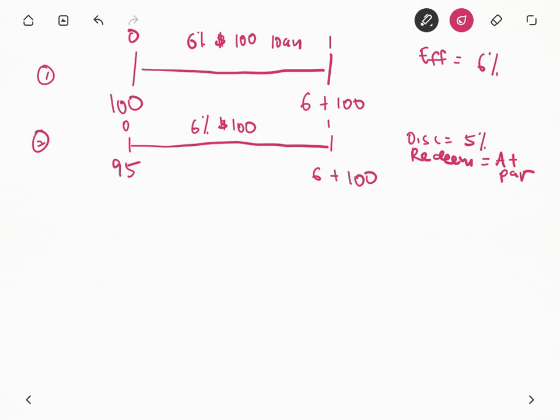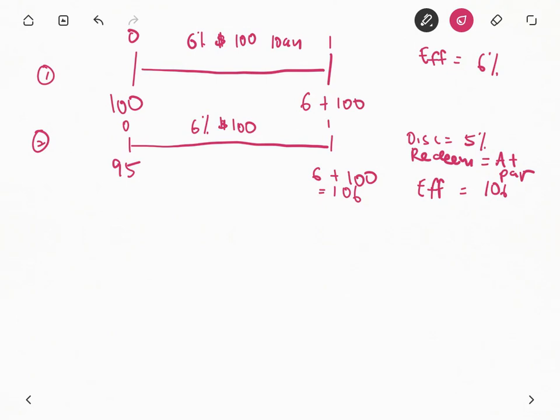So I received 95, I pay back 106. You look at the first example: I took 100, I gave back 106, 6%. When I take 95, I give back 106. So what is my effective rate?